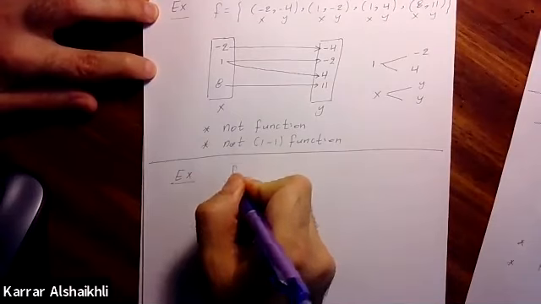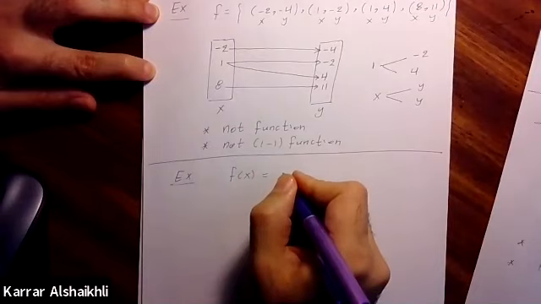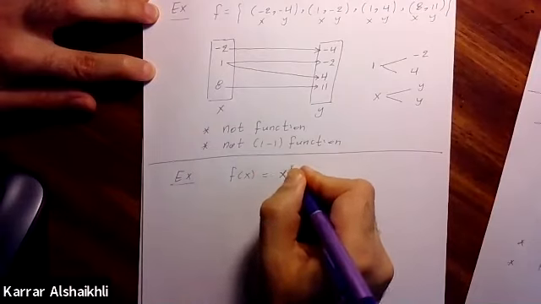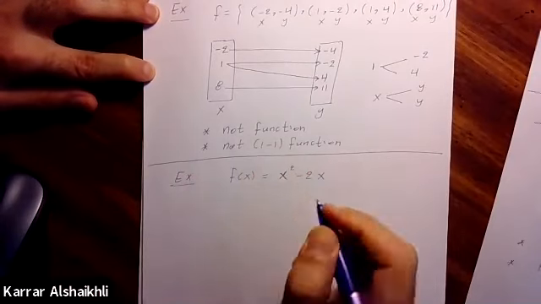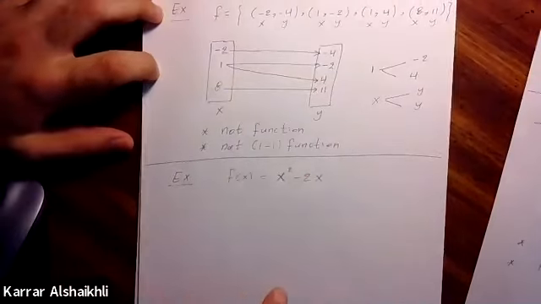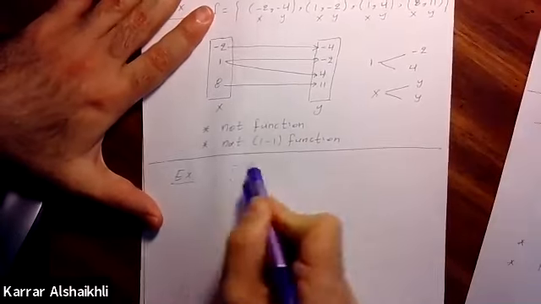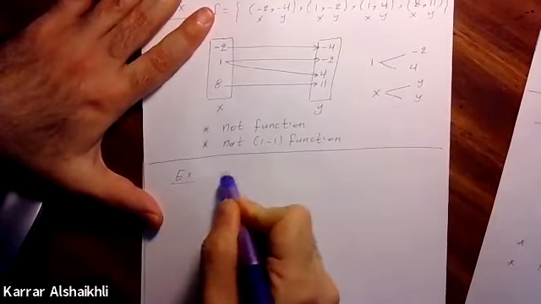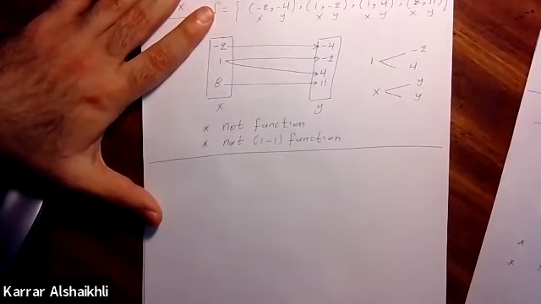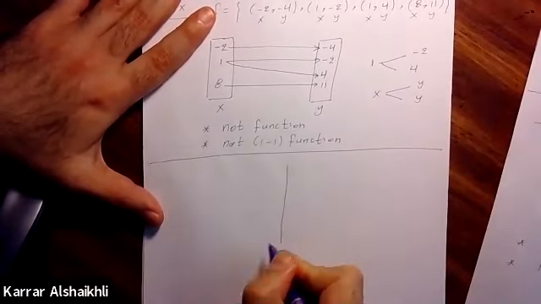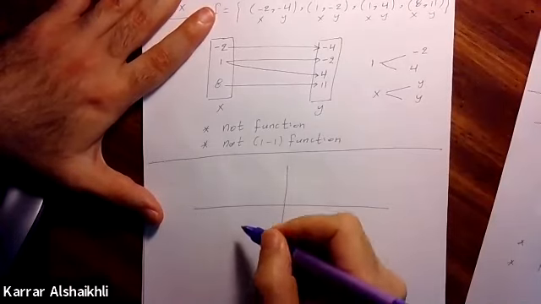If you have f of x equal x squared minus 2x. Before that, let's do the vertical line test. If you remember, we took the vertical line test to make sure it's a function. If you have a function like this, let's do it like this.